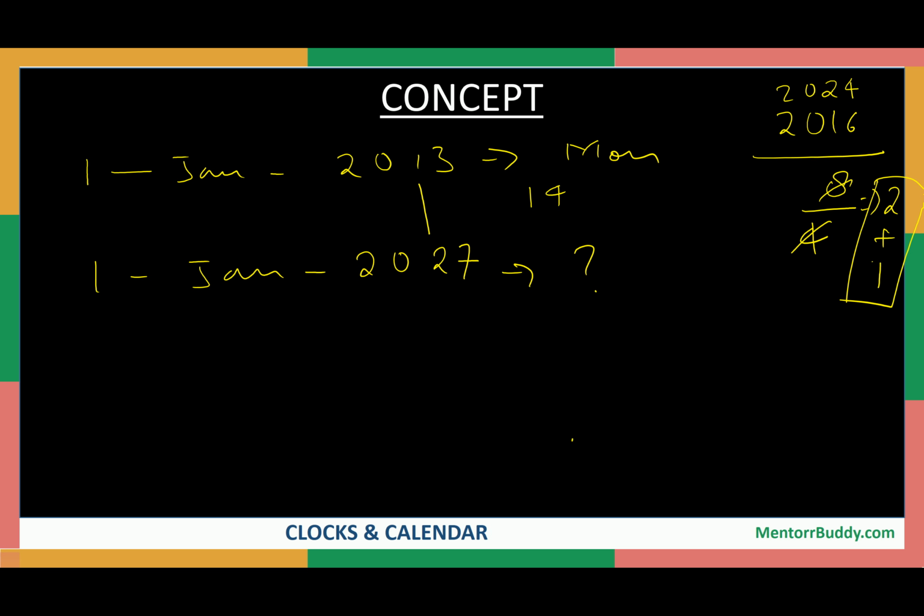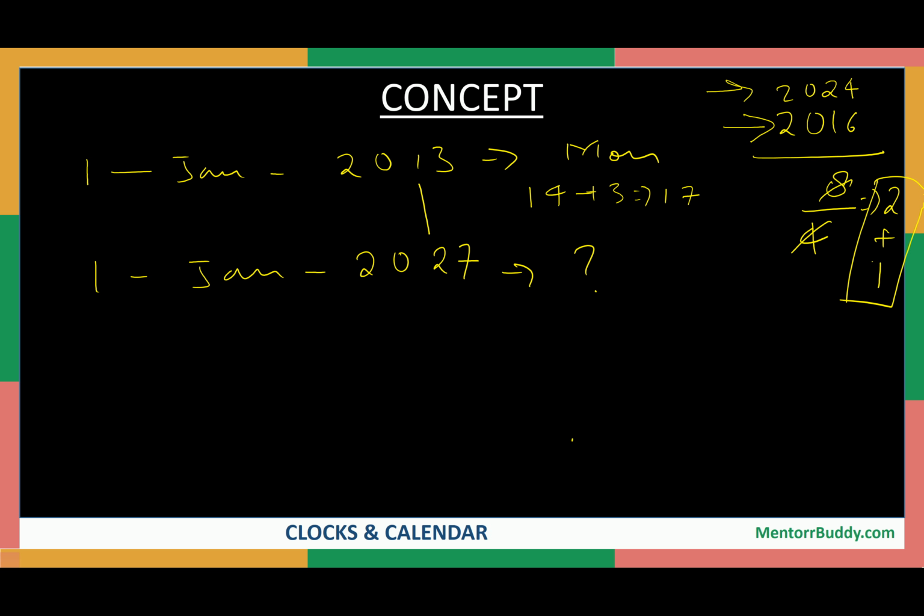This is a very important trick to find the number of leap years, otherwise you have to count manually. Find the first leap year after the date and the last leap year, subtract these two values, and you will definitely get a multiple of 4. Divide by 4 and add 1. So we got 3 leap years. 14 plus 3 gives 17 odd days.